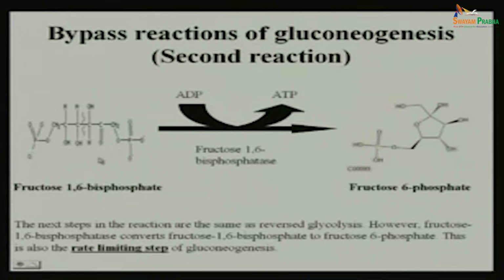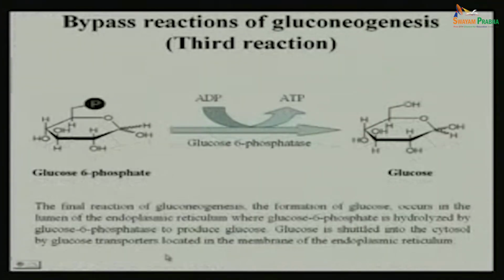That means the phosphate group on the first carbon of this fructose is taken up, and fructose 6-phosphate is produced. This particular step is also known as the rate limiting step of gluconeogenesis.